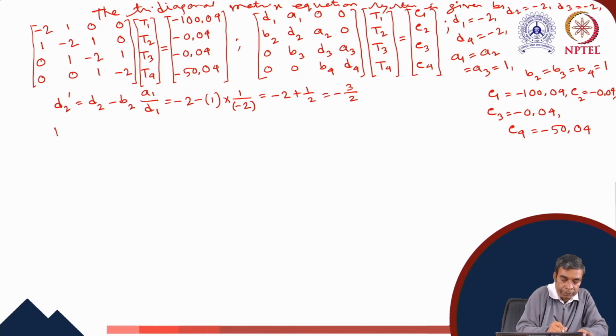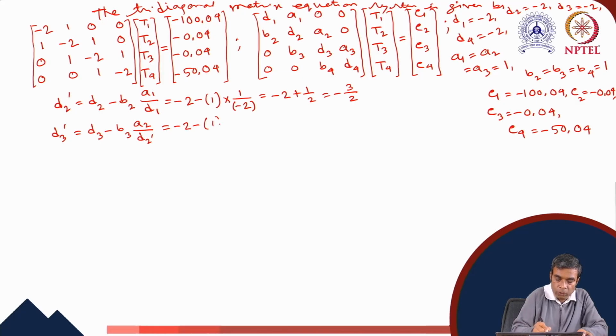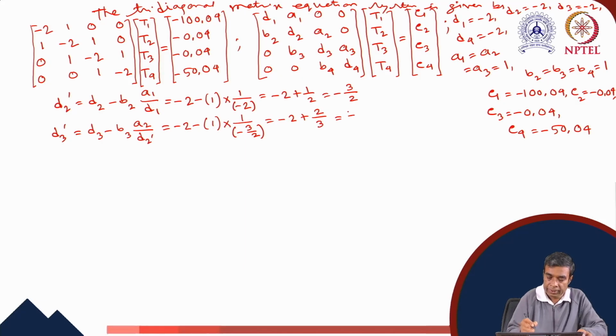Then we have D3 dash. D3 dash is D3 minus B3 into A2 by D2 dash. Our D3 is also -2 minus B3 is 1, A2 is also 1, and we got D2 dash just now, that is -3/2. So this is -2 plus 2/3. This is -4/3.